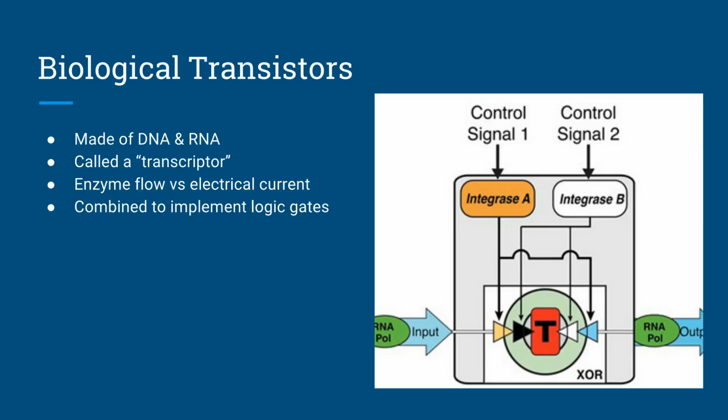Stanford's transcriptor is essentially the biological equivalent of a digital transistor. Where transistors control the flow of electricity, transcriptors control the flow of RNA polymerase as it travels along a strand of DNA. The transcriptors do this by using special combinations of enzymes, integrases, that control the RNA's movement along the strand of DNA.